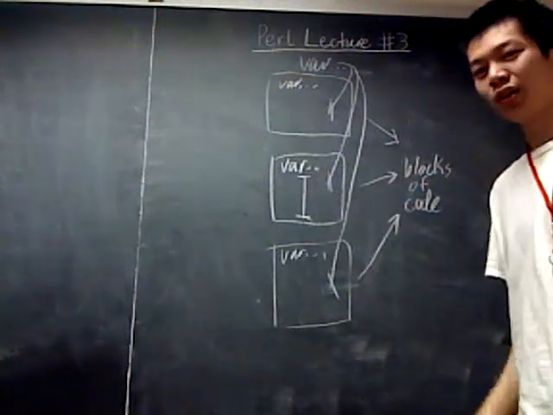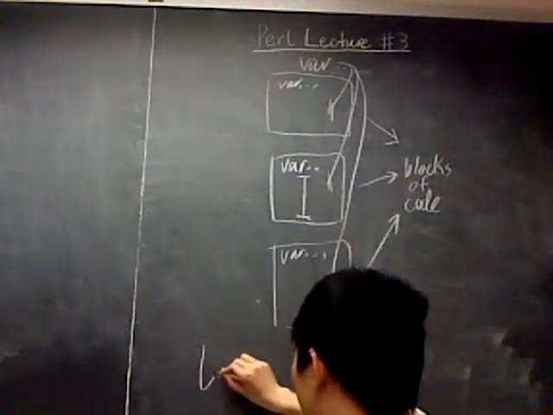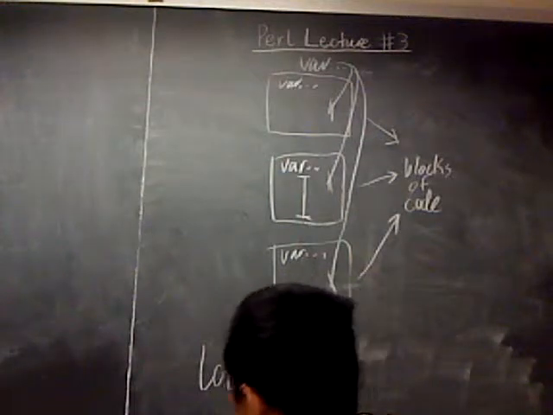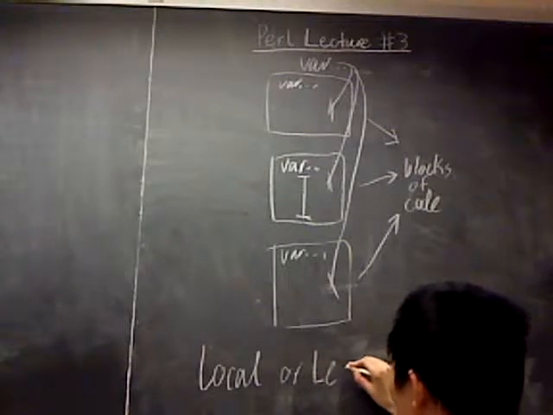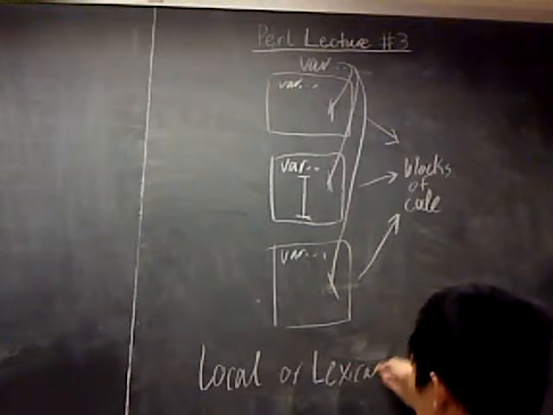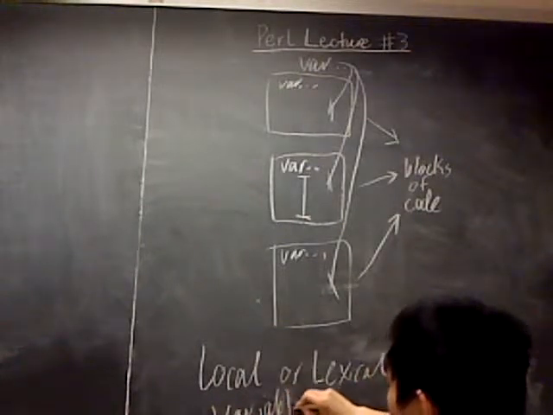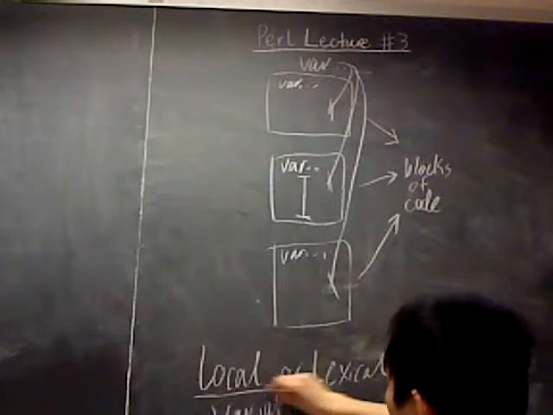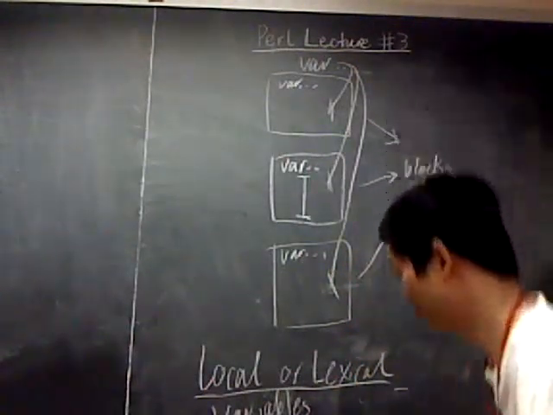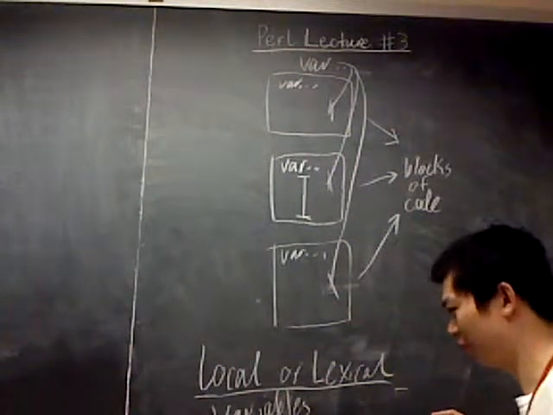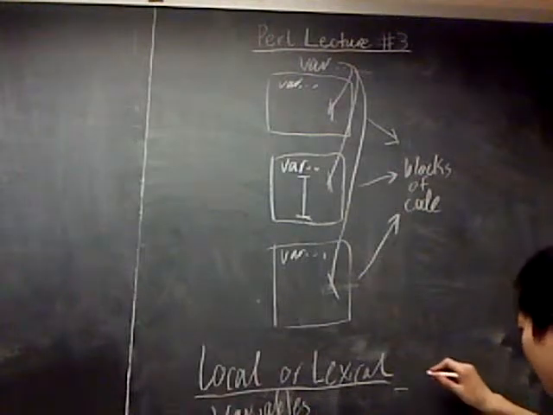And these are called local or lexical variables. Variables whose scope is restricted within some particular block.